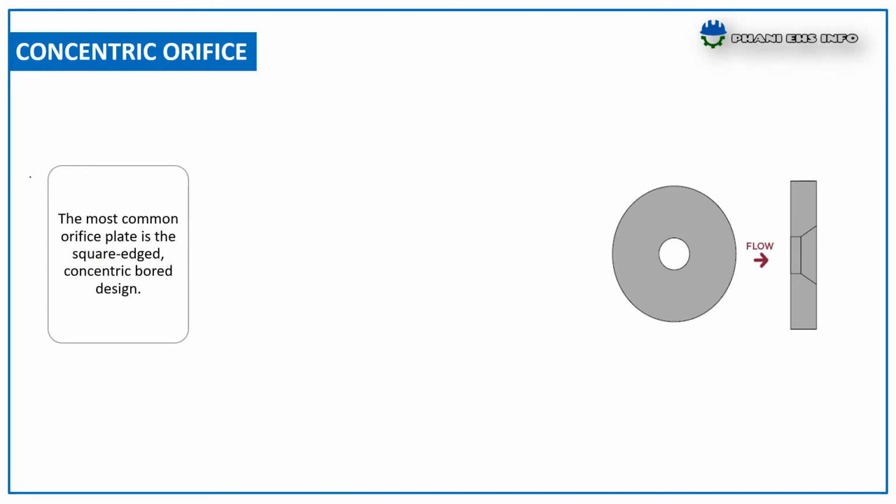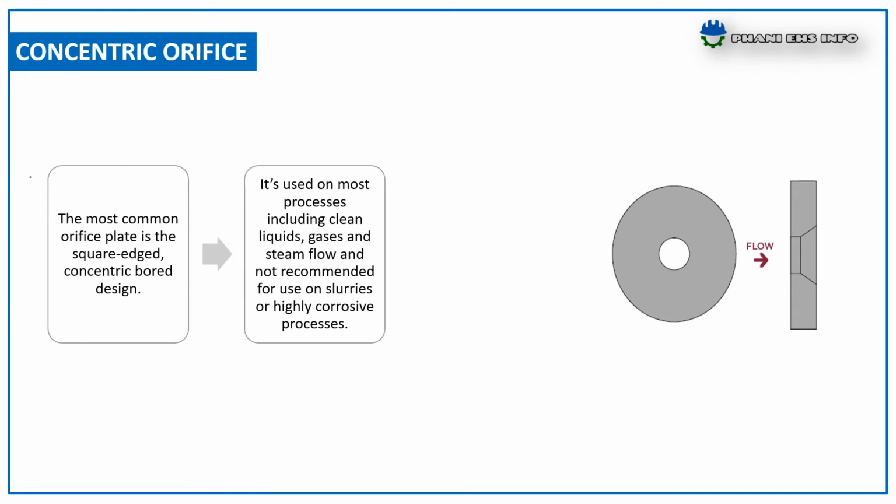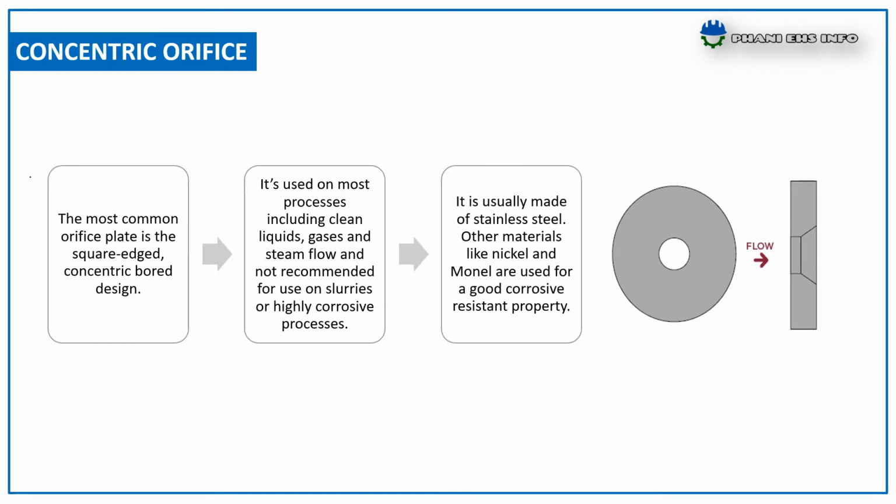The most common orifice plate is the square-edged concentric bore design. It is used on most processes including clean liquids, gases, and steam flow, and not recommended for use with slurries. It is usually made of stainless steel, and other materials like nickel are used for good corrosion resistance properties.